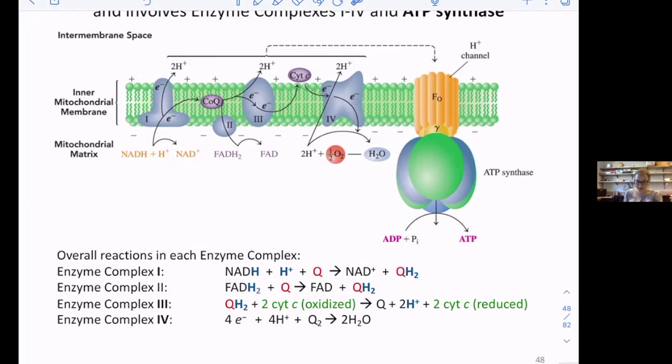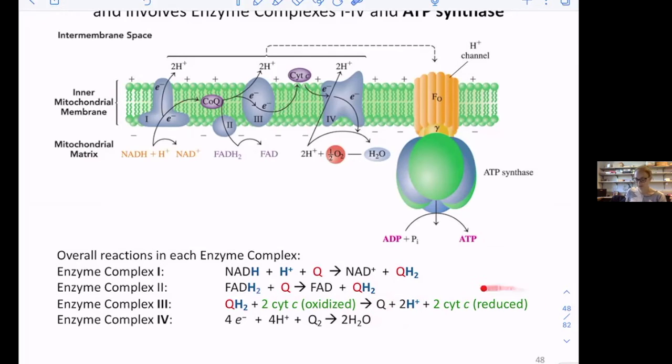Enzyme complex 3 takes those QH2s that we formed from complexes 1 and 2, plus 2 cytochrome Cs. Don't worry about what those are, but they're reduced, and it releases the coenzyme back plus 2 H plus into the intermembrane space.